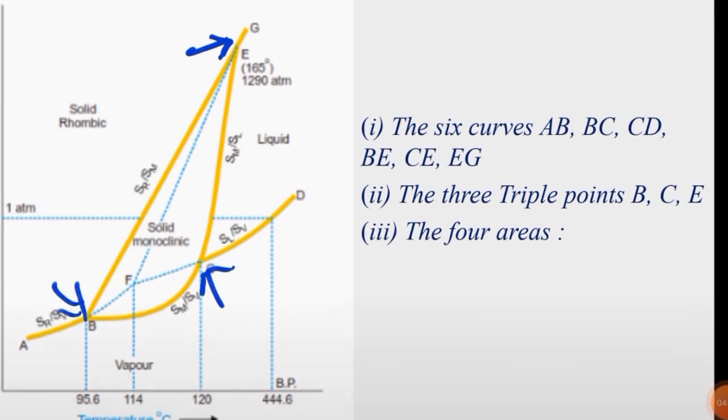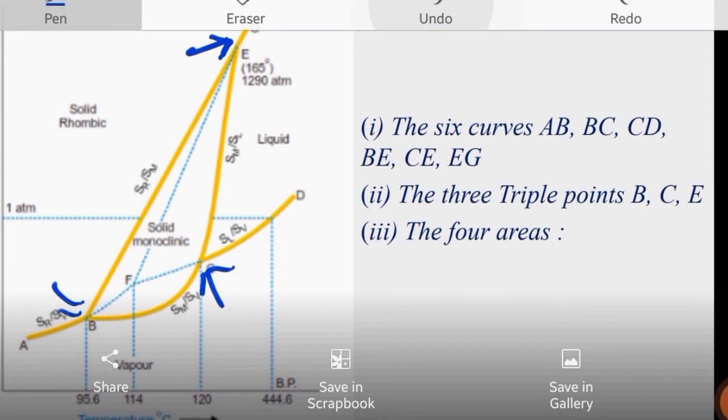I need you to cross verify. I have already mentioned that there are 6 curves. Are they correct or not?